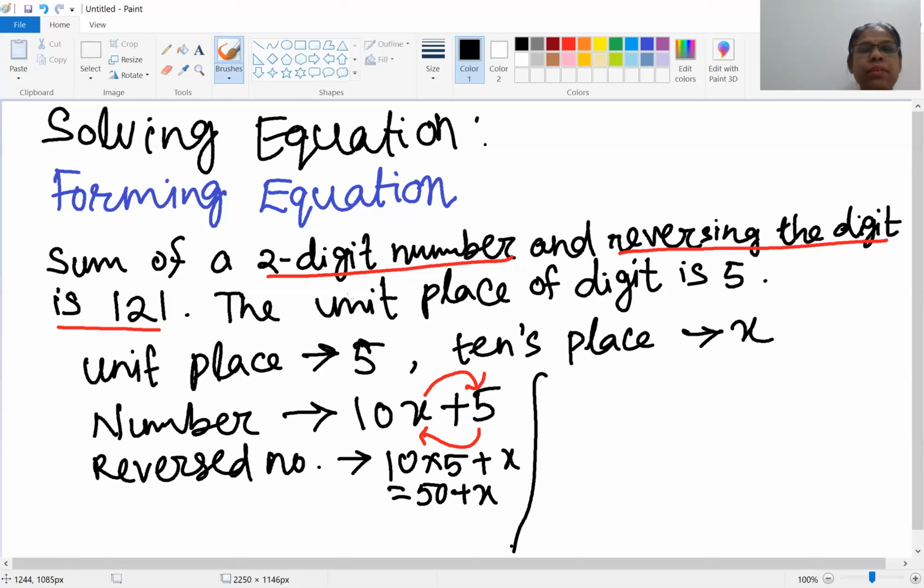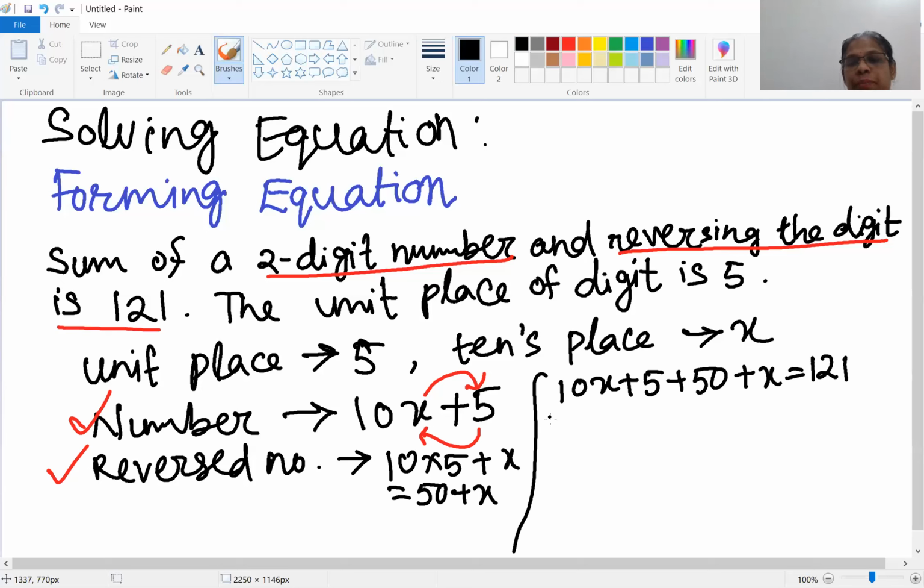What's the condition they have given? The sum of these two numbers is 121. So can I write here 10x plus 5 plus 50 plus x is equal to 121.